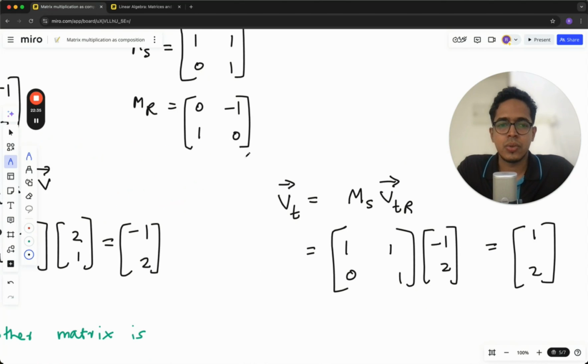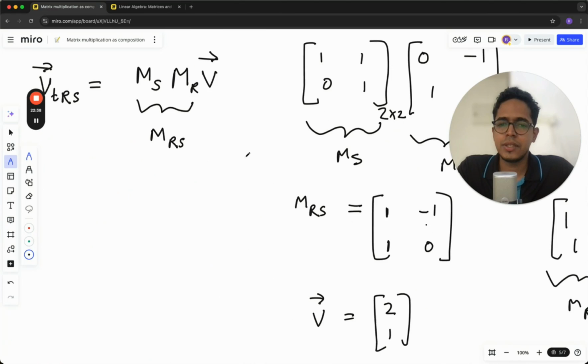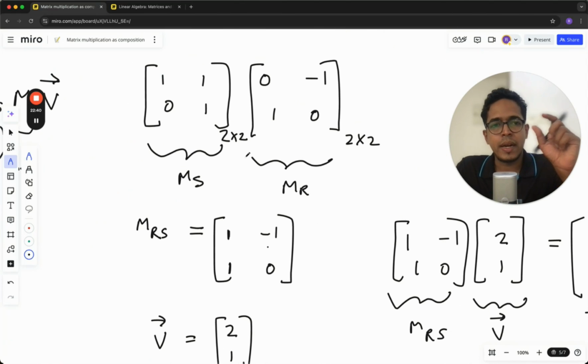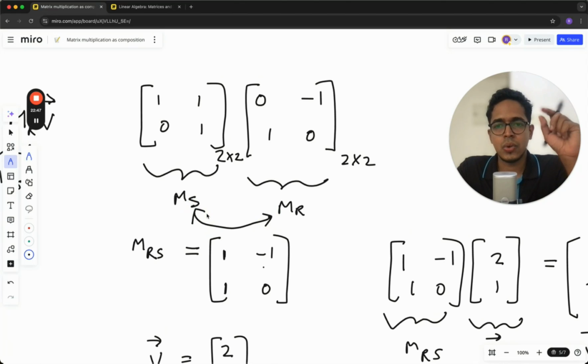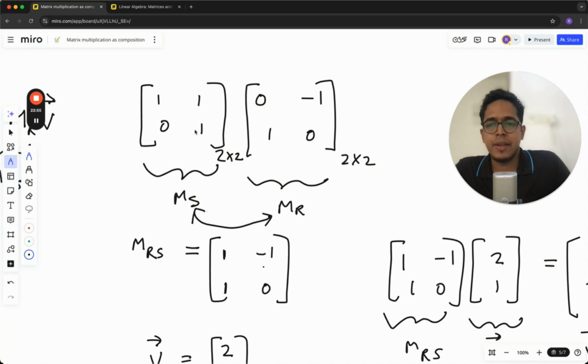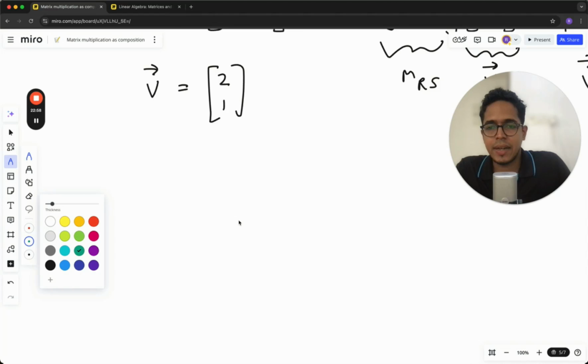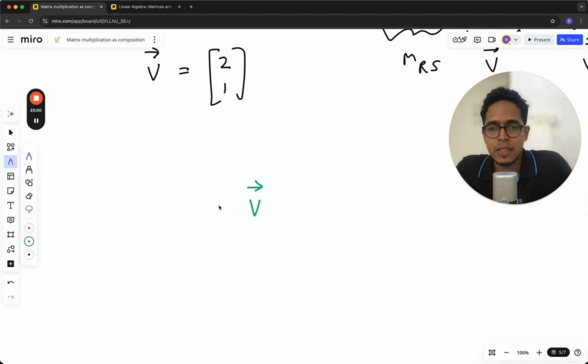So what does this show? This shows that the product of two matrices like this is nothing but a composite linear transformation. The composite matrix basically performs two linear transformations back to back. If a vector v is multiplied by simply a matrix, say rotation, this is just a single linear transformation.